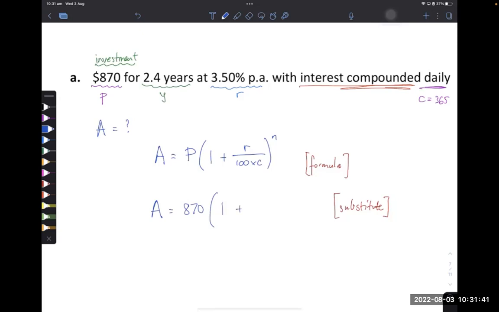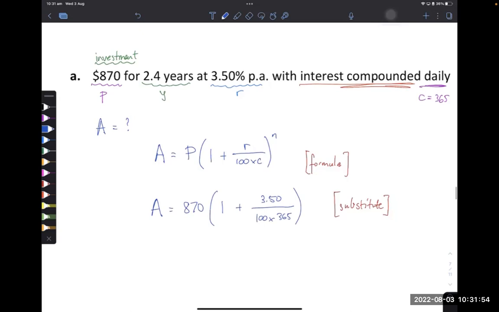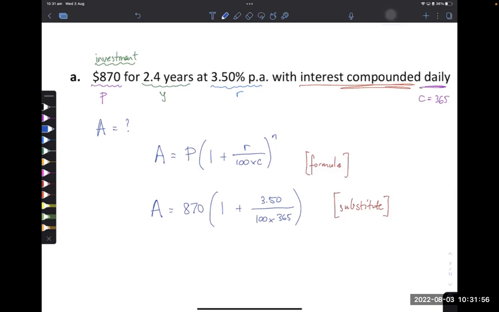The R becomes 3.5 over 100, times... What's our C? 365. And what's our N? Right, how do we find our N? Like, where's it in our notes?